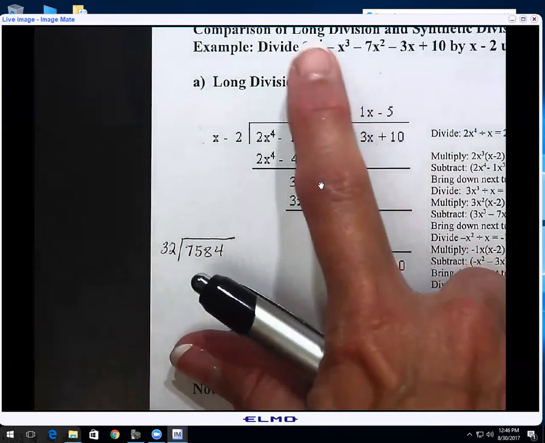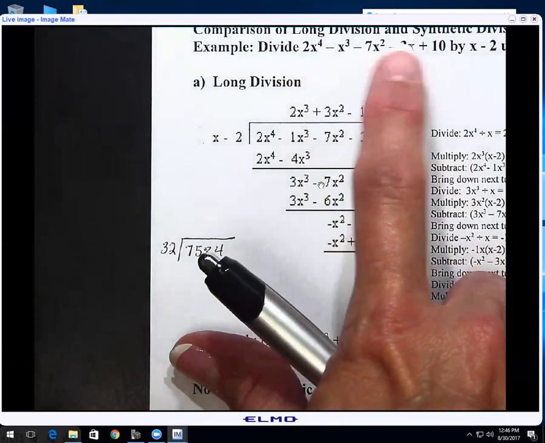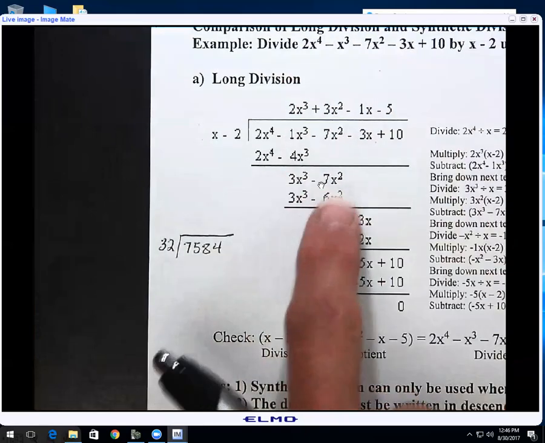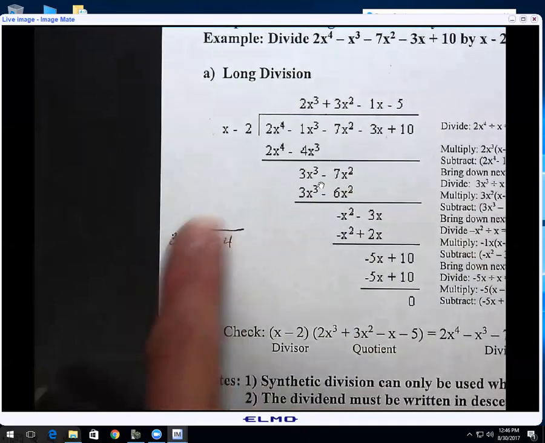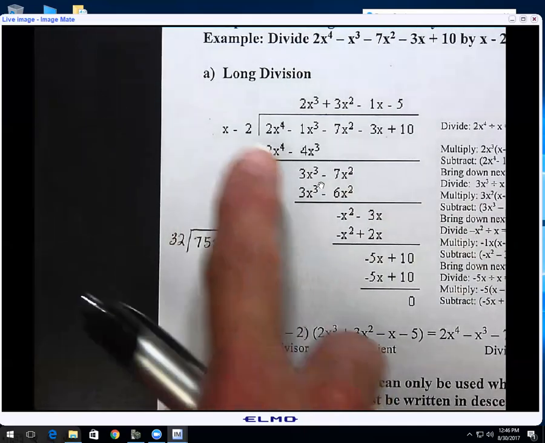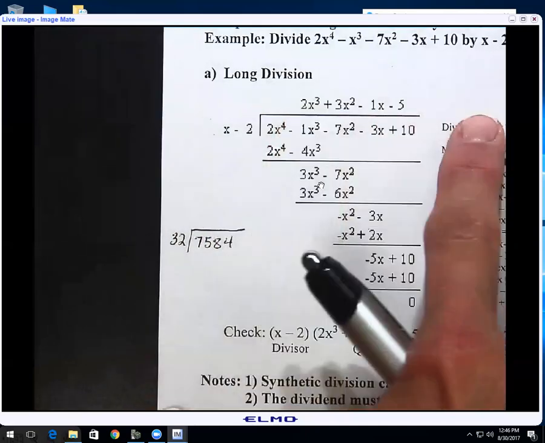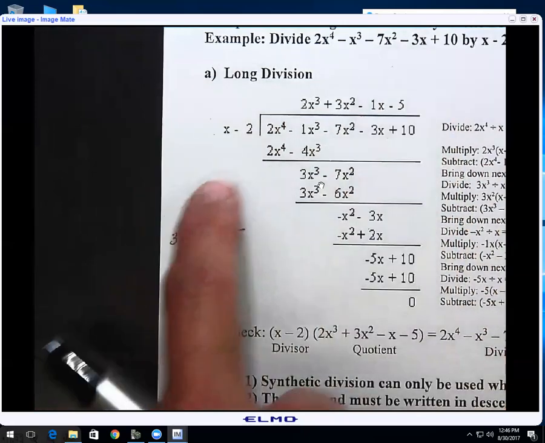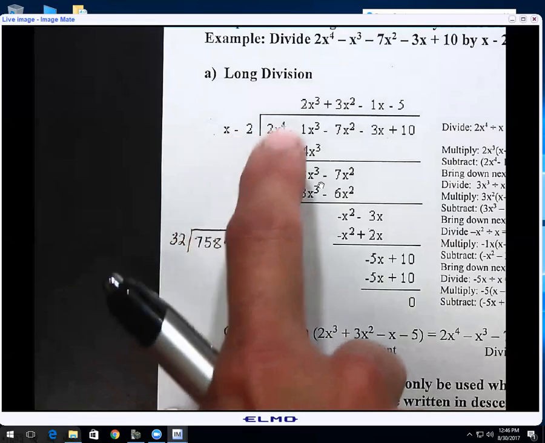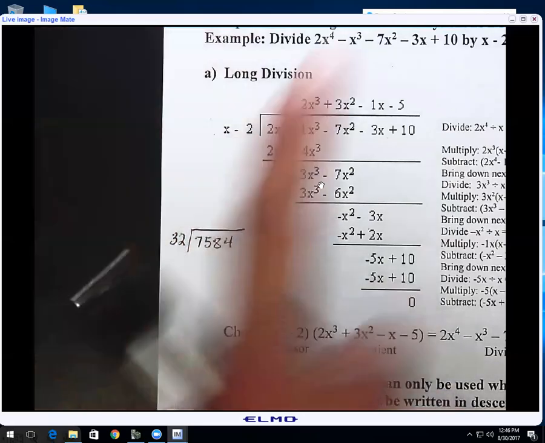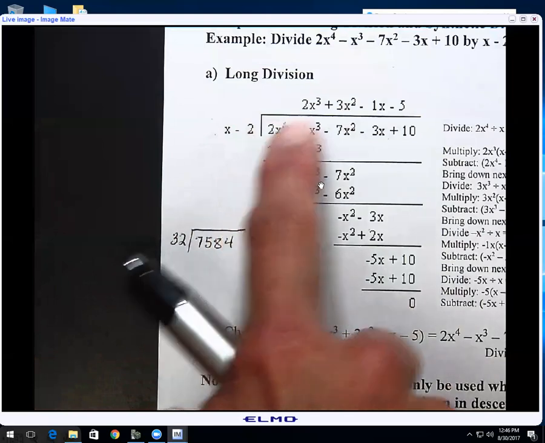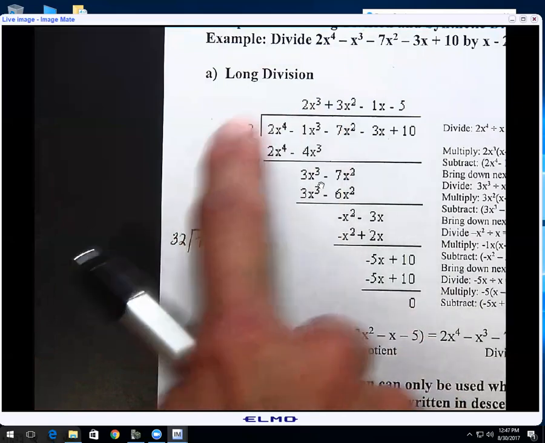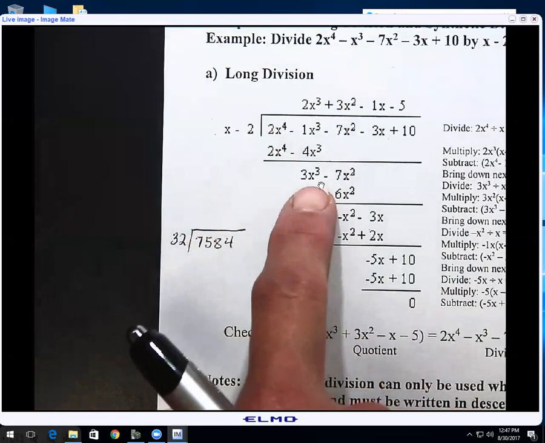This example, divide 2x to the 4th minus x cubed minus 7x squared minus 3x plus 10 by x minus 2. If I was going to do this the same way I did in 5th grade or so with just numbers, I would put the x minus 2 out in front of that symbol, put the dividend under the symbol, and then start by going x goes into 2x to the fourth, 2x cubed times, and then multiply 2x cubed times both of those terms, and then subtract.